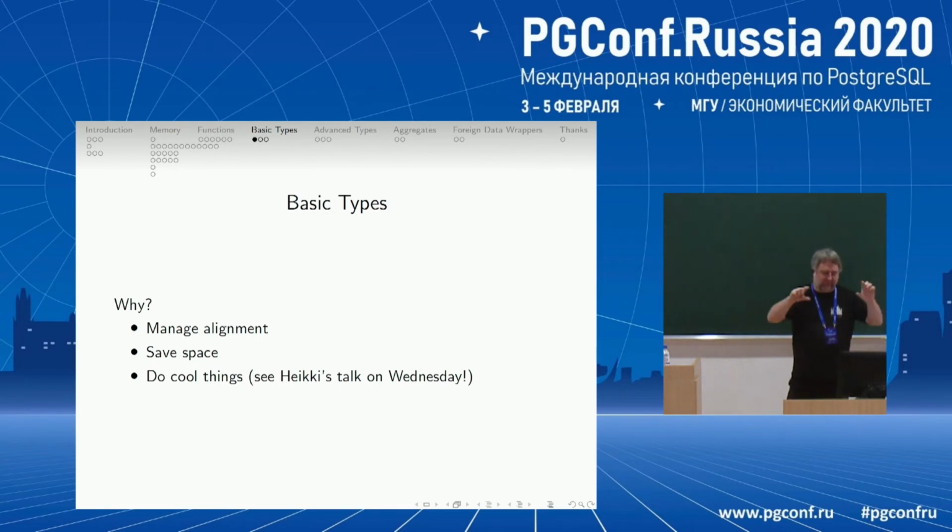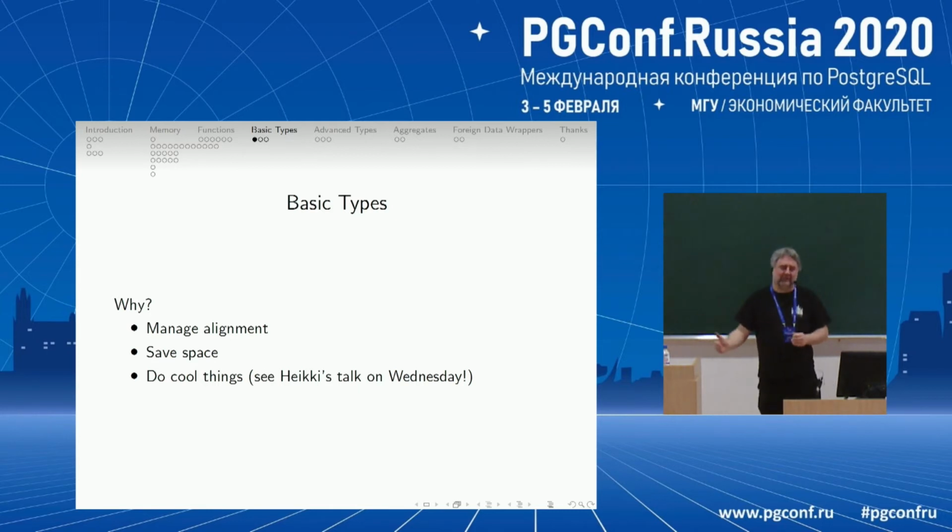You have a bunch of alignment things that have to go into making sure that's safe, right? So if you put in a 32-bit int and then a 64-bit int and then a 32-bit int and then a 64-bit int, it doesn't really matter how much space those are taking. Those are all going to take 64 bits, right?